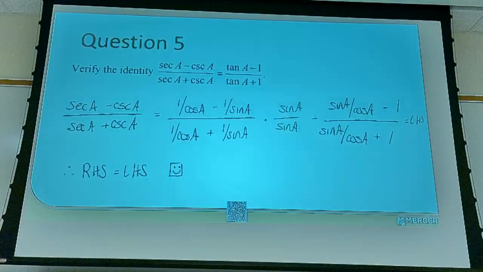Like you can't say, let's just let A be pi, and show that the two sides are equal. All that does is show that for that specific angle, they're equal. Doesn't say anything about a different angle. What about pi over 632? Is that equation true for that angle? If it is, I'll just come up with another angle. So you have to show it's true for every possible angle.